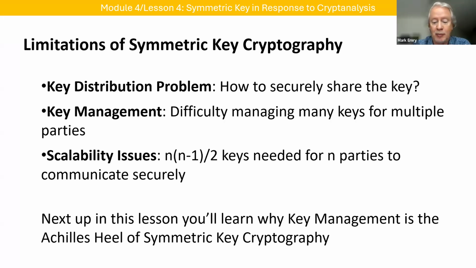One, the key distribution problem. How do we share this key securely? Key management. There's difficulty managing many keys for multiple parties, and you'll get that in the next part of this lesson. And there are some scalability issues. So again, next up in this lesson, you'll learn why key management is the Achilles heel of symmetric key cryptography.